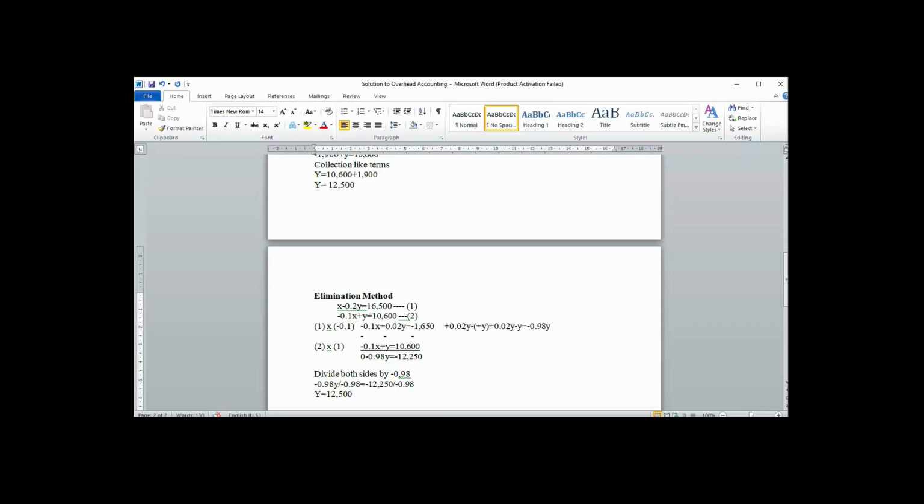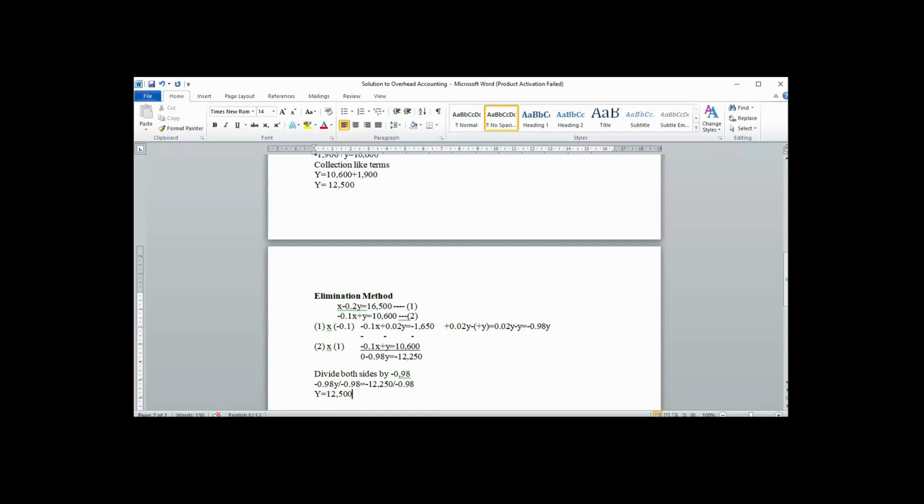If you are not sure, where's your calculator? You get the same thing. Minus 12,250 divided by minus 0.98 is 12,500. Sir, yes. No, don't worry, I get it now.